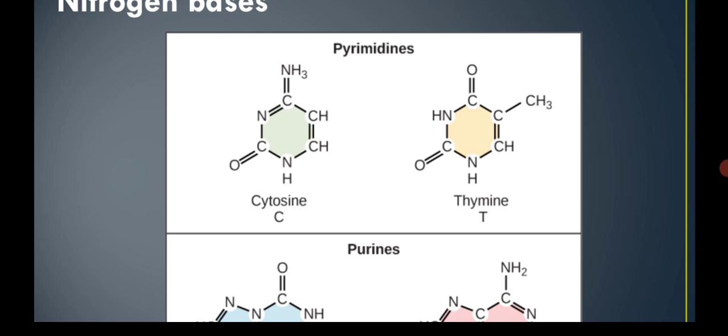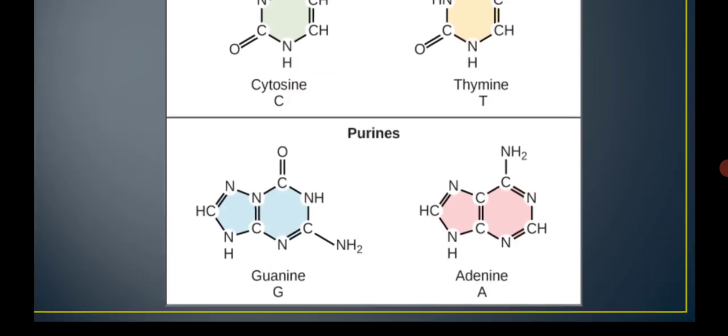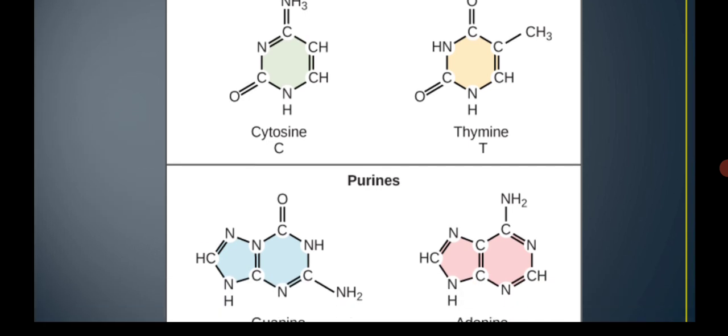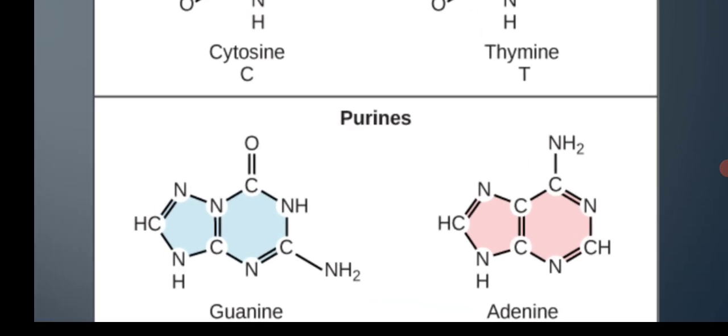These are the structures of cytosine and thymine. The purines are double ring nitrogen bases, and these are generally of two types, that is guanine and adenine. These are the structures of the purines, guanine and adenine.